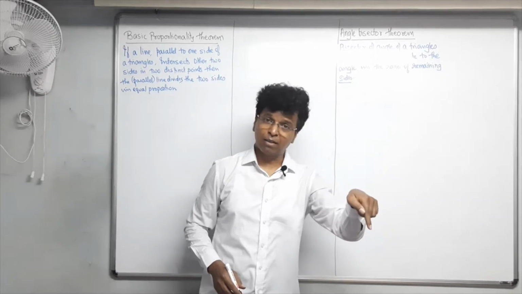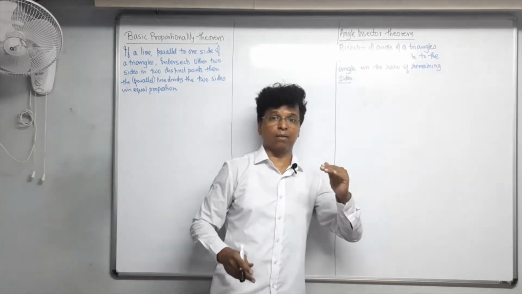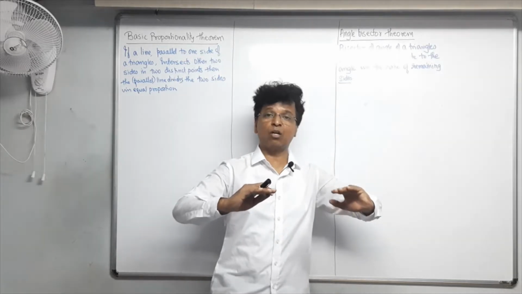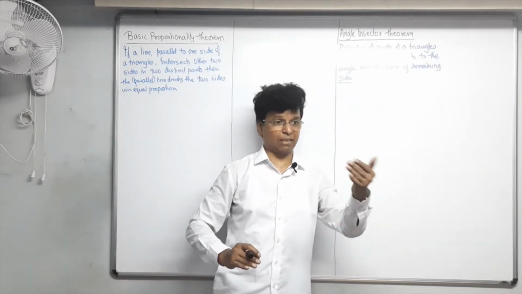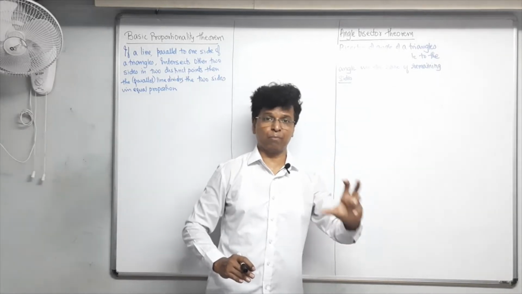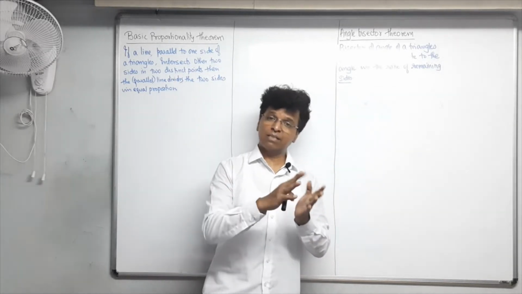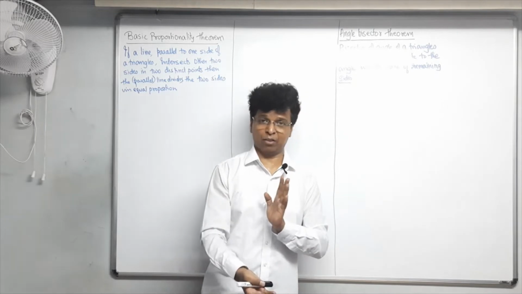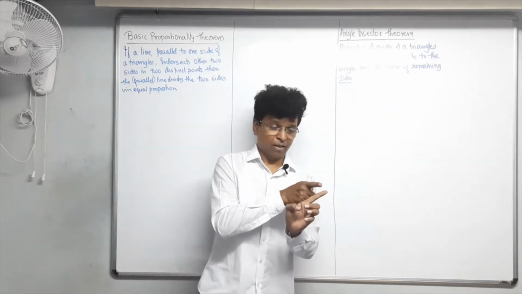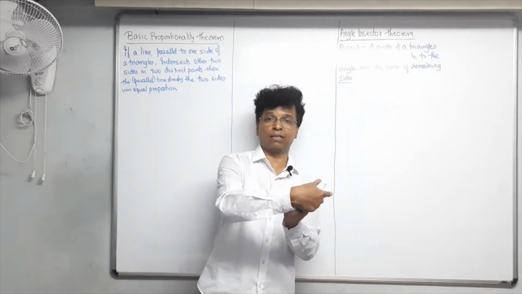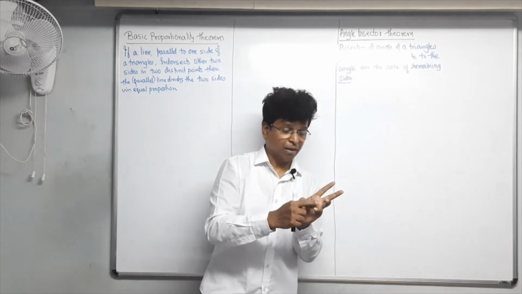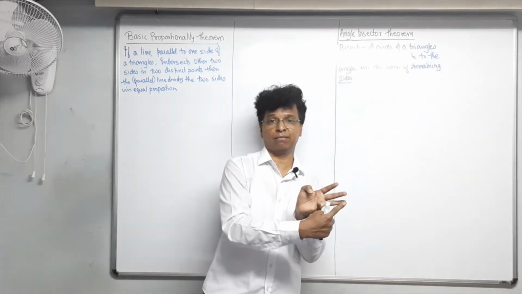Then you will call the theorem, and after calling it, you should be able to generate the equation of that theorem. That is the result of that theorem. That is the most important part. All these things come in a sequence, my dear students. First, see the condition is satisfied. Then you have to call the theorem, saying I am going to apply so and so theorem. And when you apply the theorem, the equation will get generated.